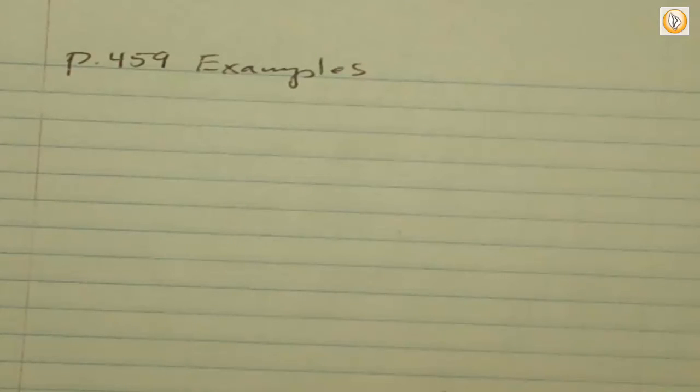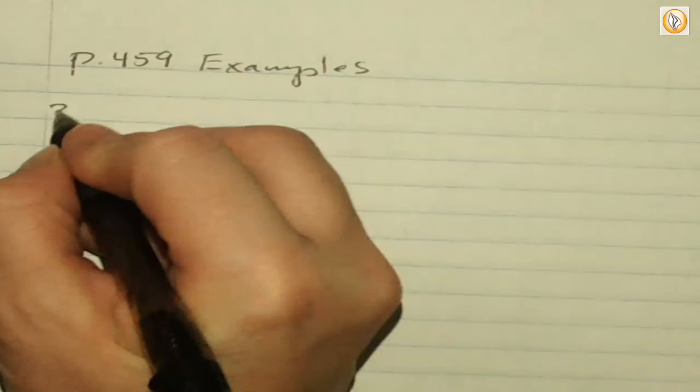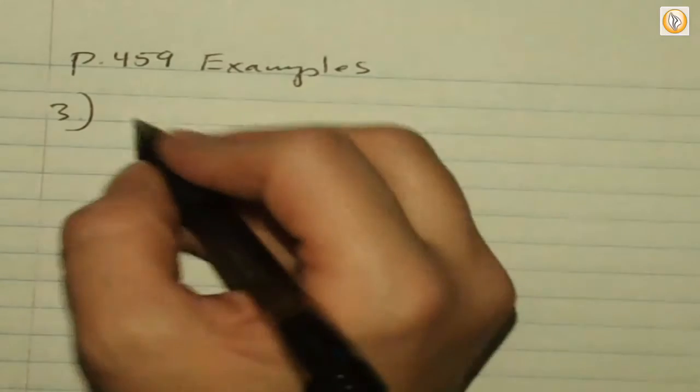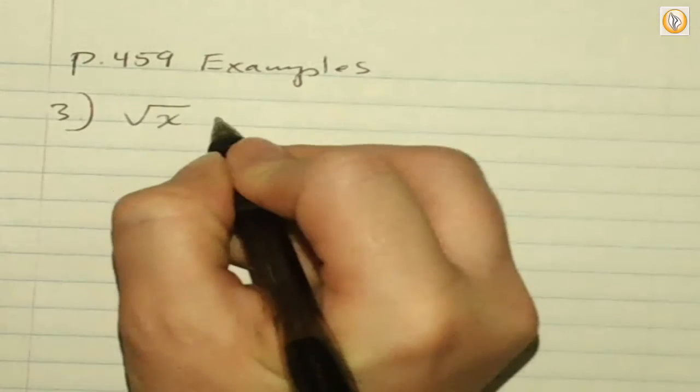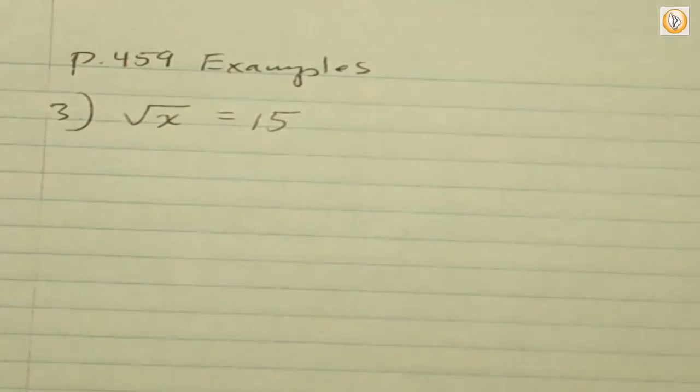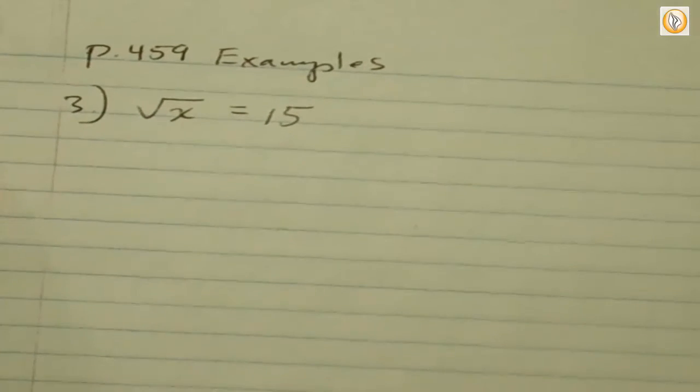Number 3: square root of x equals 15. Cecilia, what do I do? Start writing it.